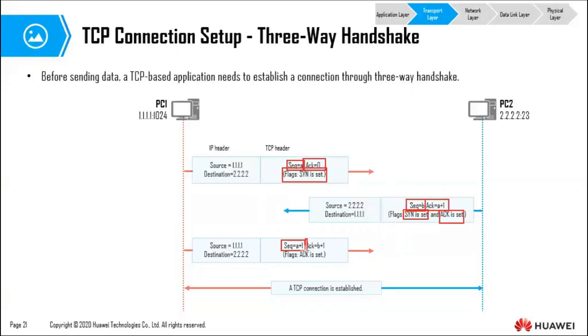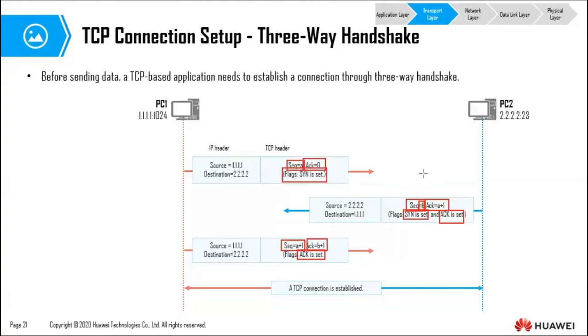And on the acknowledgement field, I set B plus 1 because I'm acknowledging that I received this segment whose sequence number is B. Are we together? And on this one, only the acknowledgement field is going to be set.